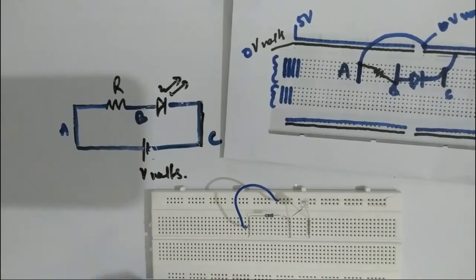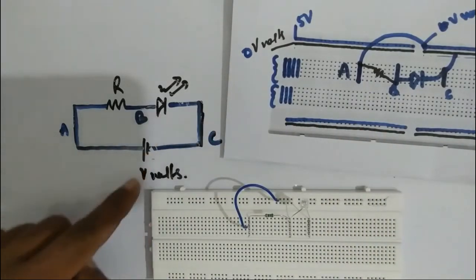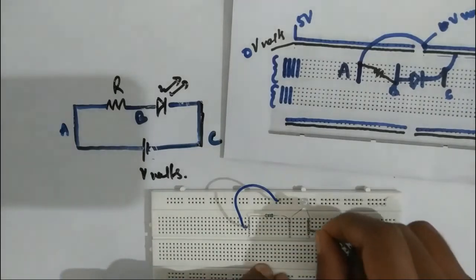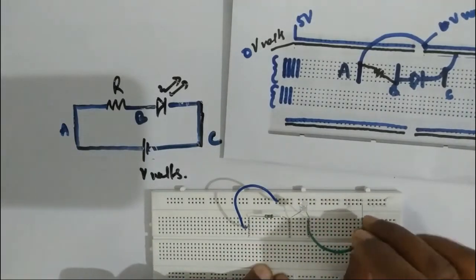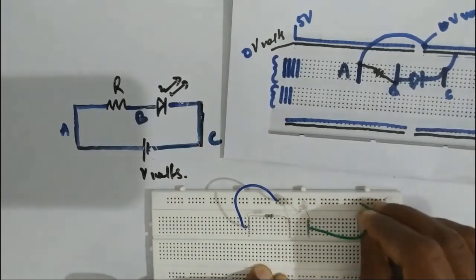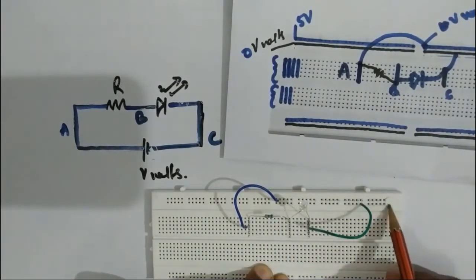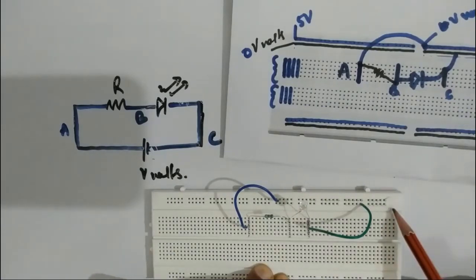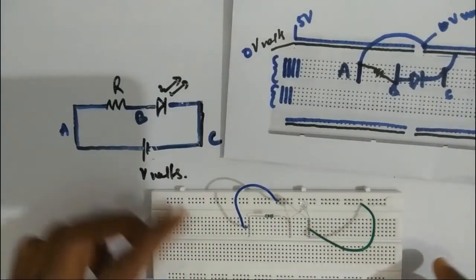Similarly, for connecting point C with 0 volt, you have to connect it to the lower portion, the second row, where you can supply 0 volt from the DC power supply. Now your circuit is complete.